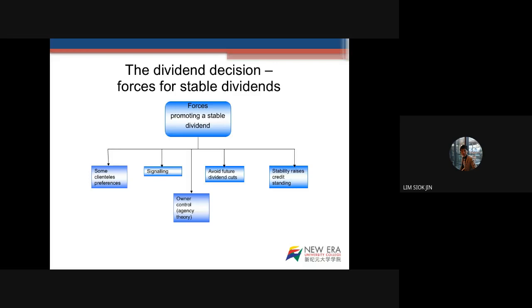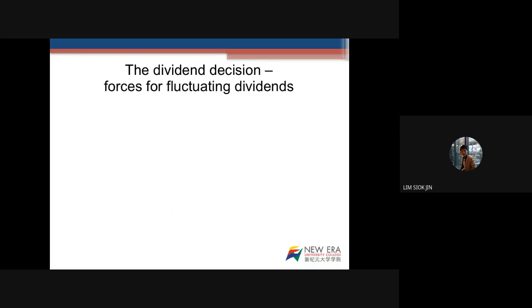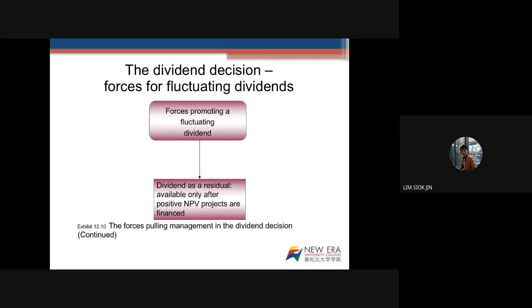They never cut or they never do anything. They can still pay stable. And another one is fluctuating dividend. That means dividend based on their earnings. When the earning is high, they pay higher. If the earning is low, they pay low. All right.